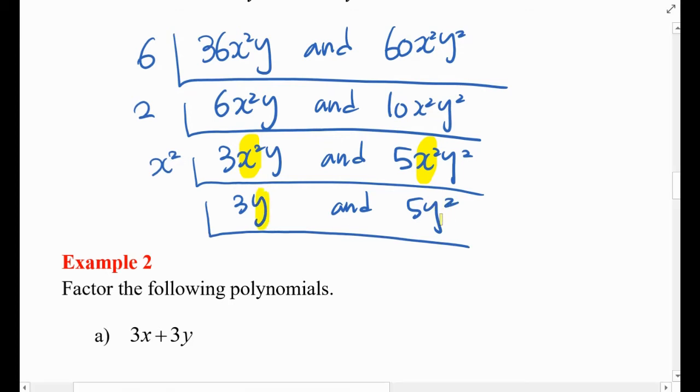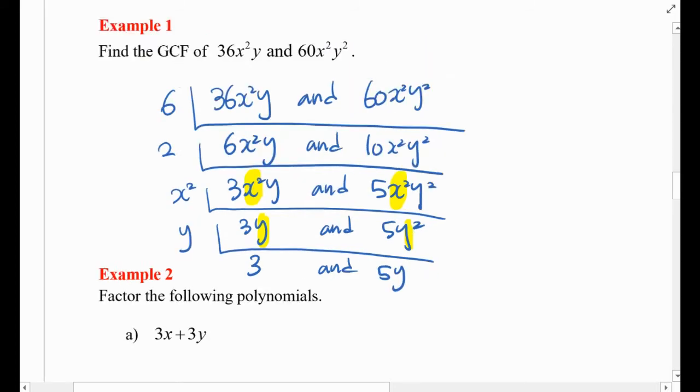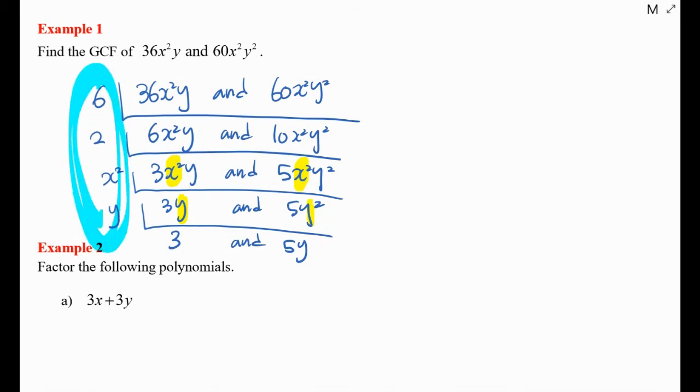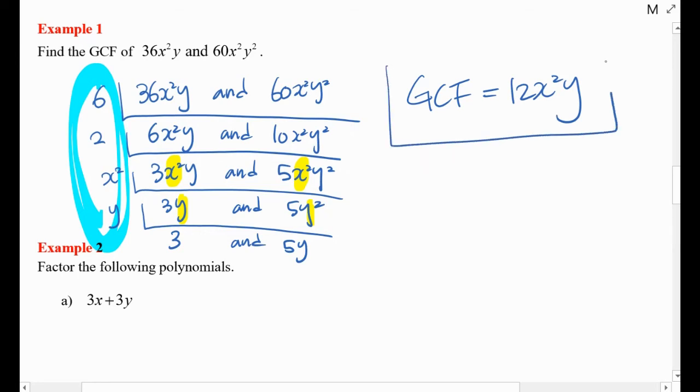We have 2 y's here, so we're just going to take 1y. Becomes 3, and 5y squared becomes 5y. Okay, therefore GCF is 12x squared y. Okay, so GCF is 12x squared y.